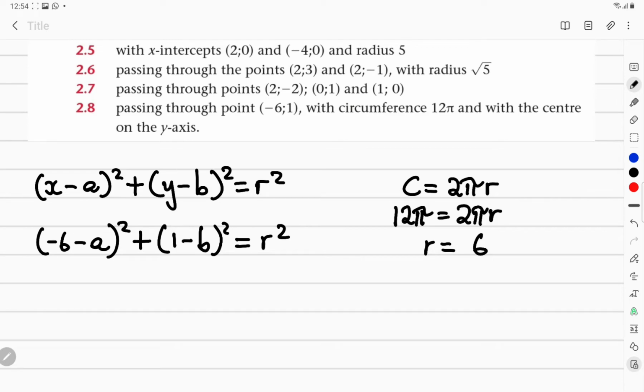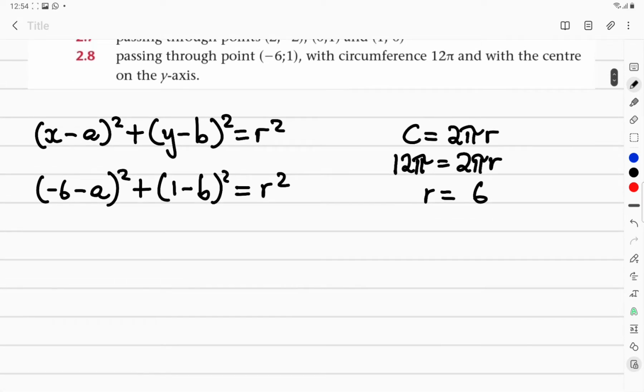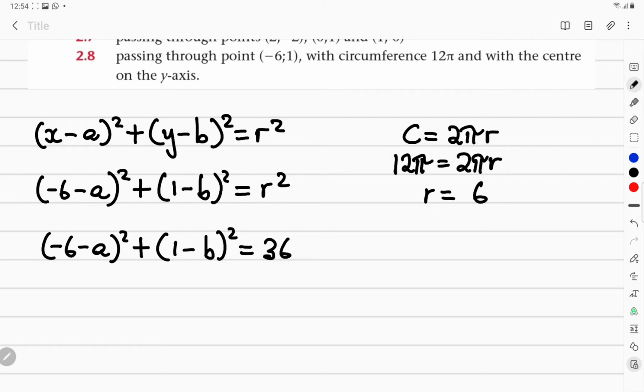Now that we have this, where there's r, we can replace it by 6. For now we have (-6 minus a)² plus (1 minus b)² equals 36, because r is 6, squared is 36.